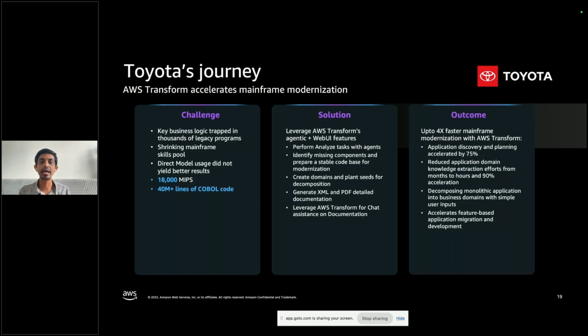We were also able to help them improve the maintainability by breaking down their tightly coupled monolith chunk of 40 million lines of code into multiple business domains and accelerated their application modernization journey with AWS Transform. The overall modernization speed was up to 4x faster, and we are positioned to accelerate it even further.